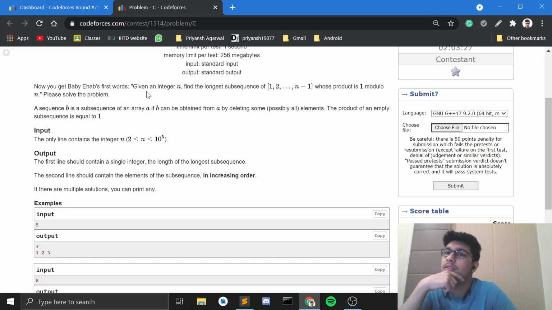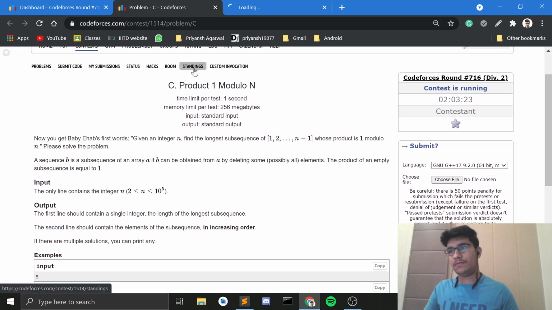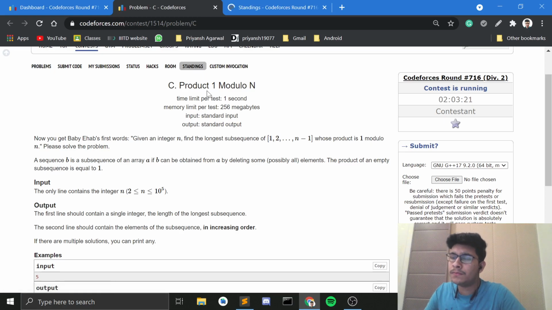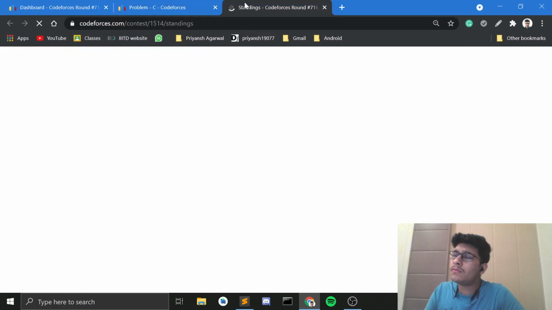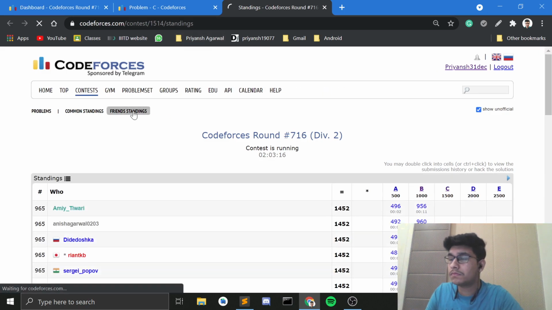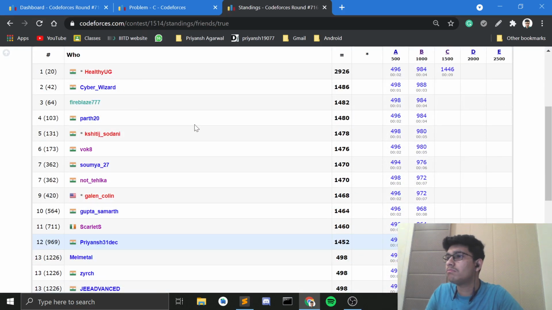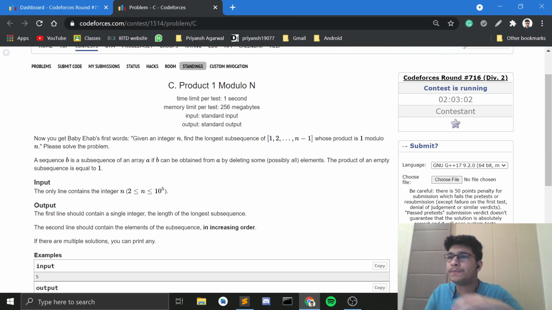A sequence B is a subsequence of an array A if B can be obtained from A by deleting some elements.